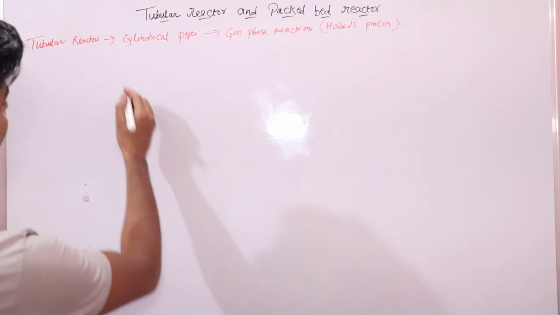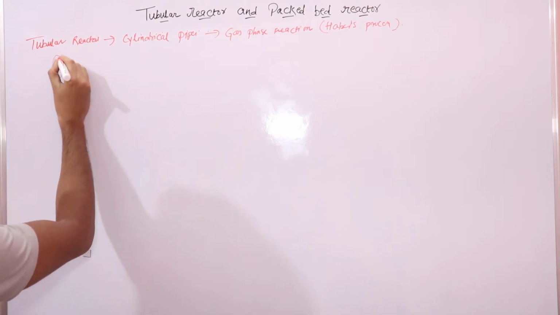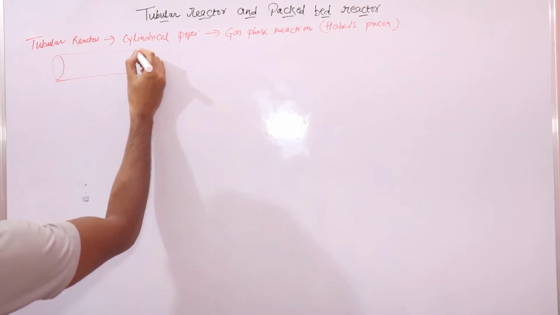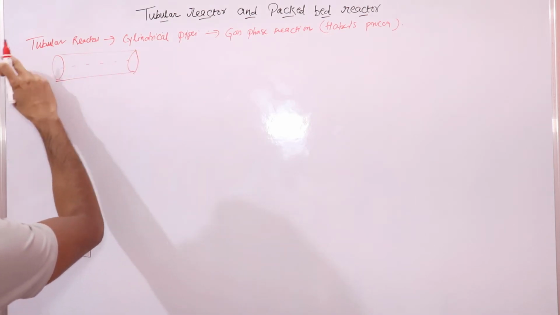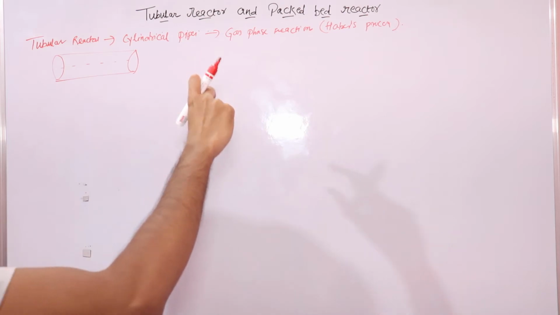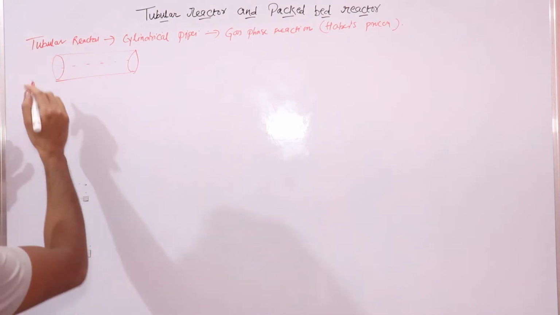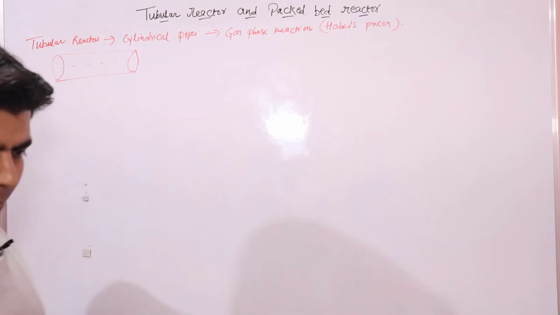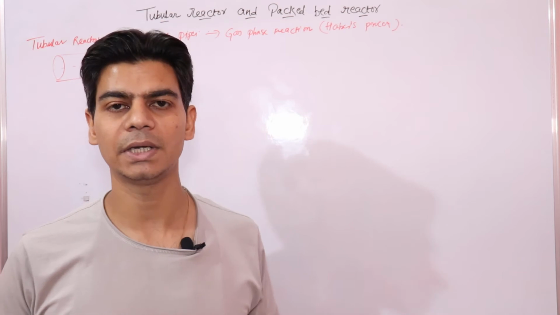As I said, it consists of a cylindrical pipe. This is how a cylindrical pipe looks, and this is the axis going along the length of this cylindrical pipe. Now in this cylindrical pipe, reactants are fed from one end, and from the other end we get products.